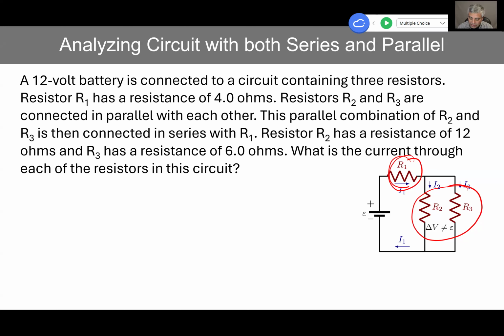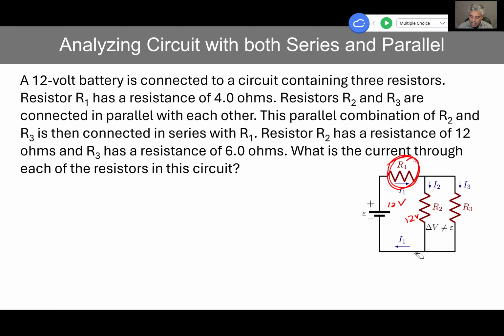But since this is in series with this, we cannot say these two are parallel to the source, and whatever voltage we have, which is 12 volt, is not the same as 12 volt here, okay? So this is not 12 volt because part of it drops here and the remaining goes over there.